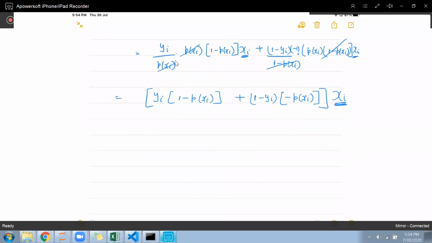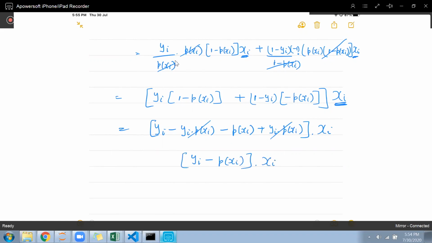Now let's try to simplify the inner term. So it will be yi minus yi into p of xi, negative p of xi plus yi into p of xi, into xi. So these two terms will be cancelled. So I will be left with p of xi... so this is my final derivative that I got.